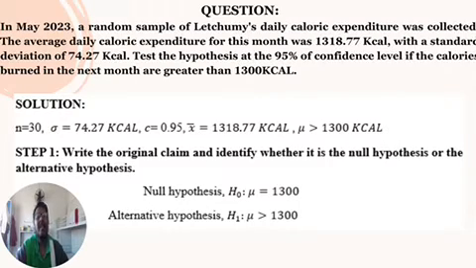And as stated in the question, next month is greater than 1300 calories, so it will become mu more than 1300 calories. So for the first step, we are going to write the original claim and identify the null hypothesis and the alternative hypothesis. The null hypothesis we get is mu is equal to 1300, and the alternative hypothesis is mu more than 1300.